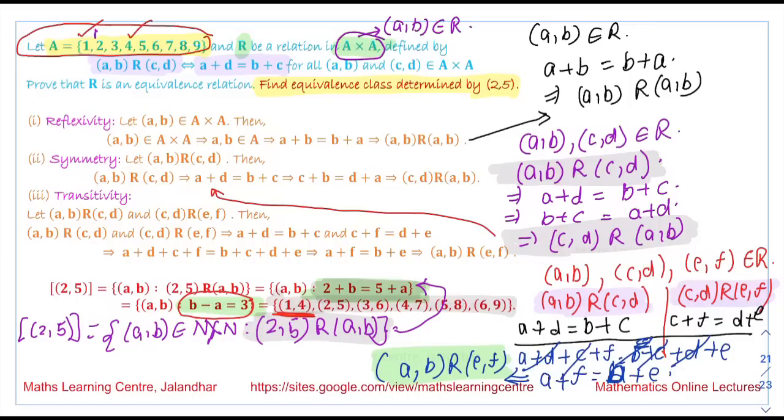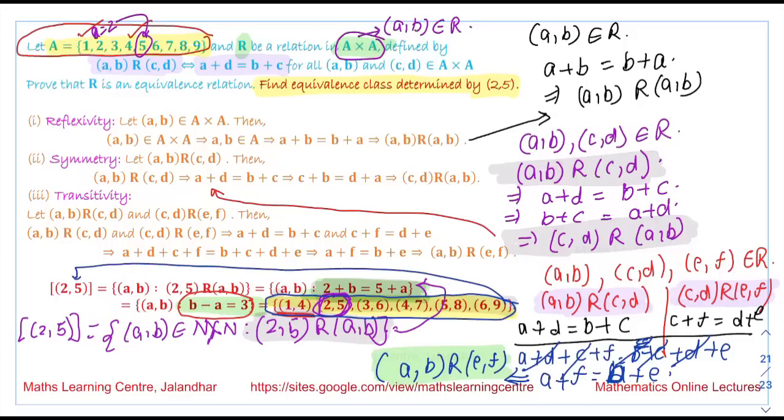Next, if we put A equal to 2, the corresponding number is B equal to 5. So the next number we have is 2 comma 5. If we list all these numbers, we get the list in this form: these are the numbers which are related to the number 2 comma 5 by this relation. So this is the equivalence class determined by this element 2 comma 5.